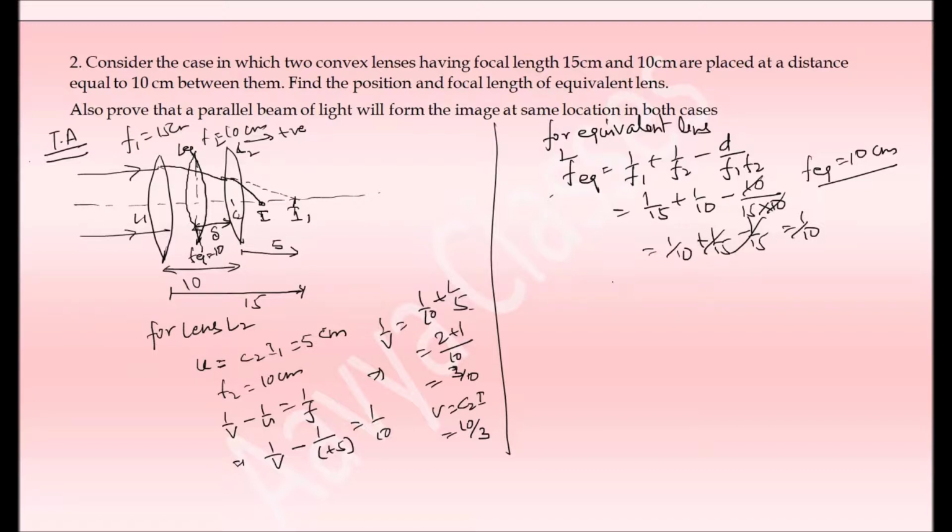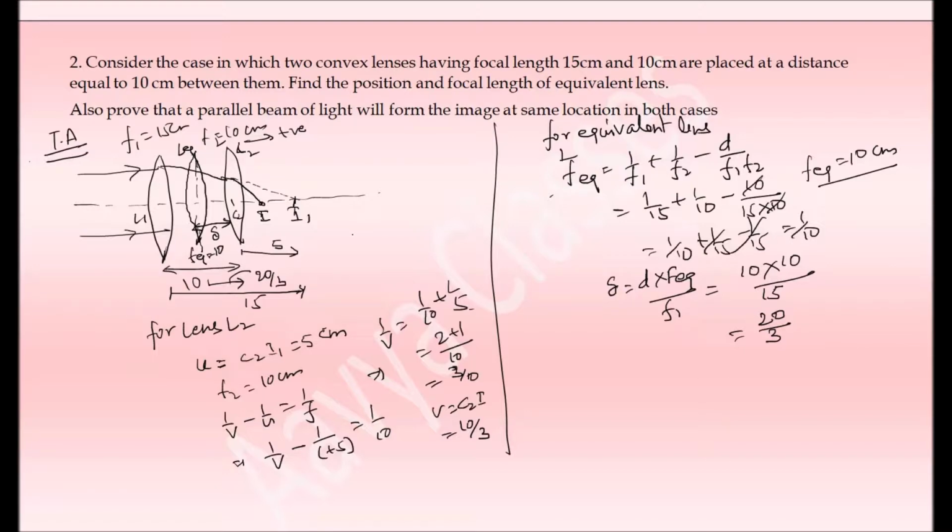Suppose this is delta, then delta, as we have already learned, is equal to D into F equivalent by F1. So D is 10, F equivalent is 10, and F1 is equal to 15, so we get 20 by 3. So this distance delta is equal to 20 by 3.